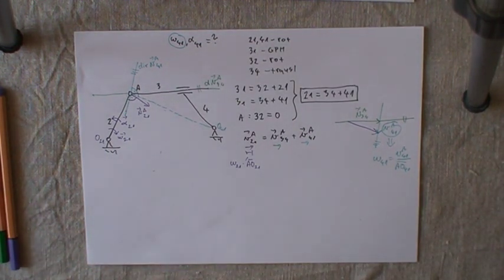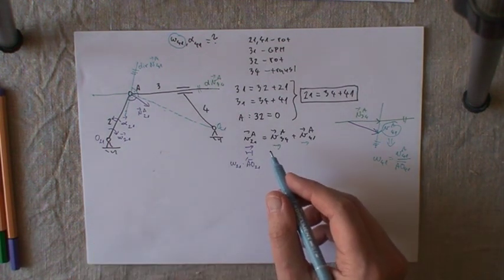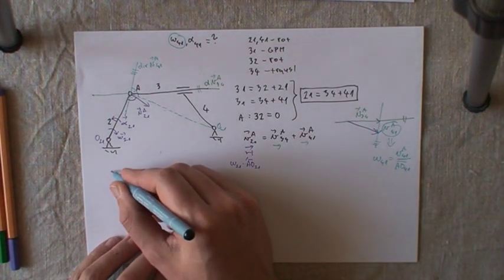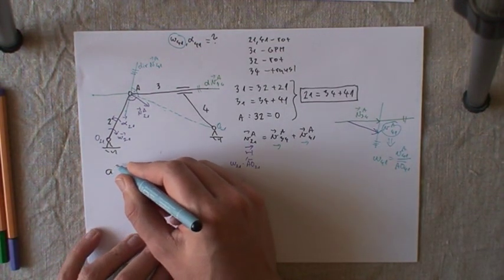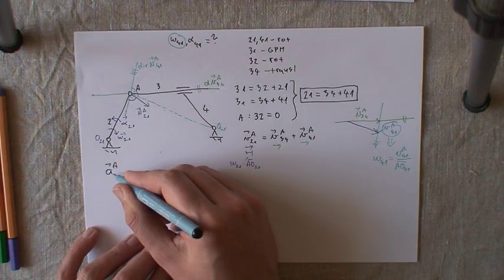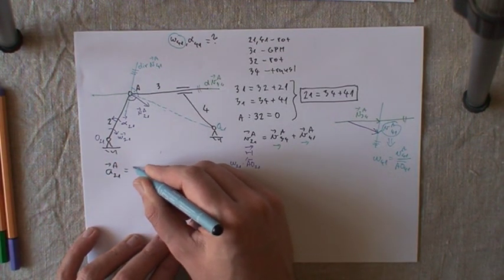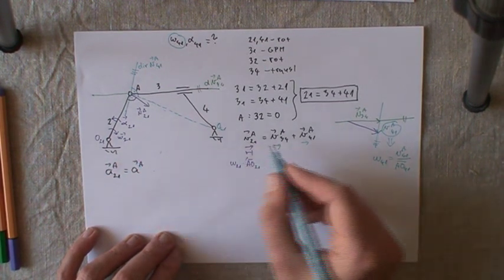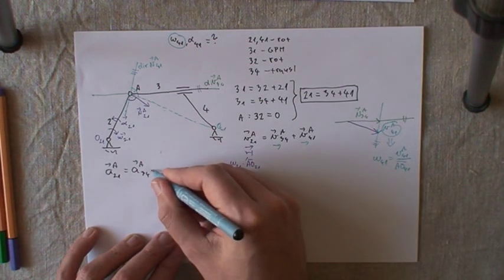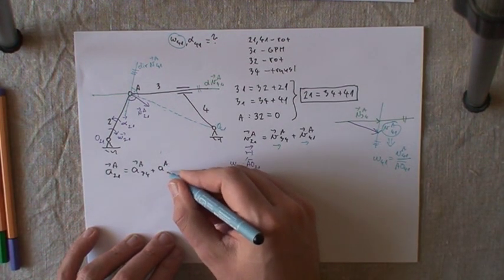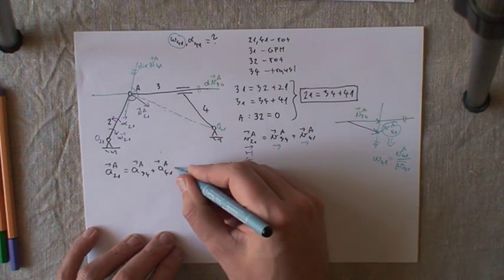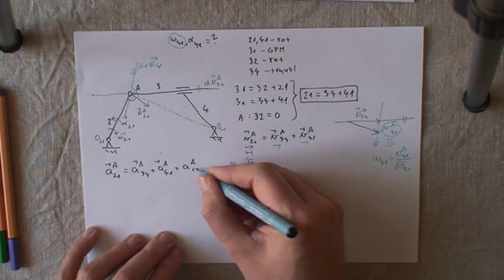So now we can move to the acceleration, and the equation goes from the general equation, so it will be AA21 equals AA relative 3,4 plus AA carrying 4,1 plus AA Coriolis.